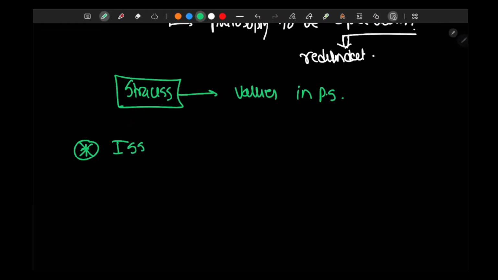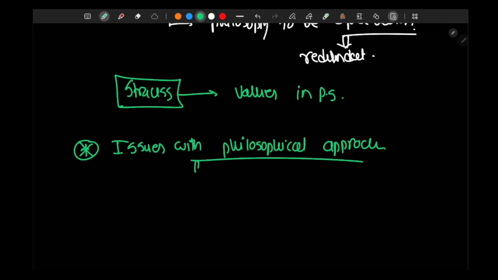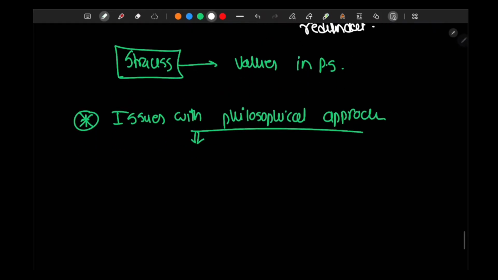But what are the issues with the philosophical approach? If you are limited to the philosophical approach, you will realize that values are abstract.